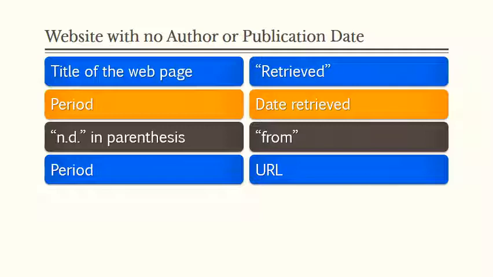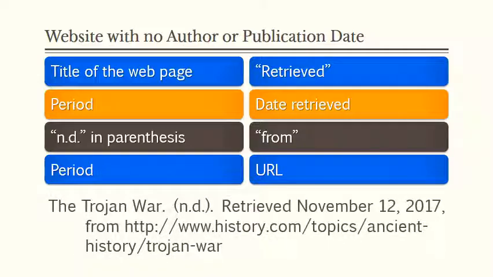Then write the word retrieved, followed by the date you retrieved the information from the website. Write the word from, followed by the URL of the website. There is no period at the end of the entry. Here is an example for a web page titled The Trojan War on the History.com website.